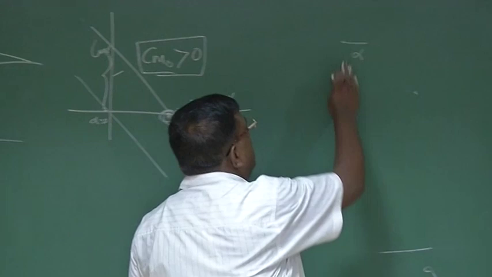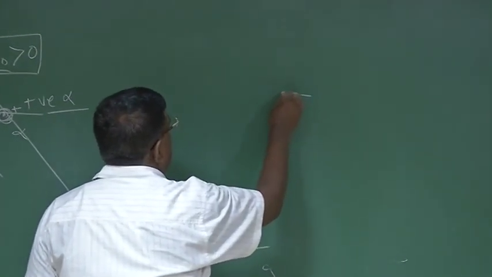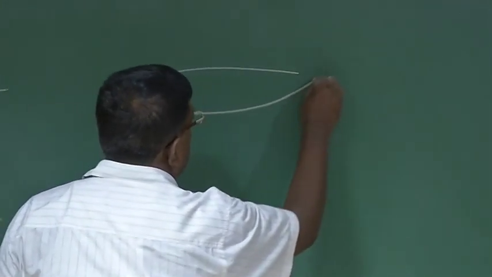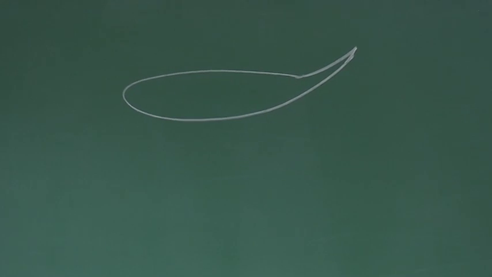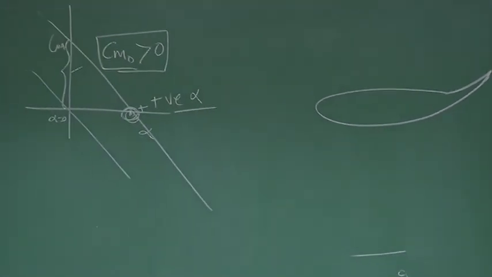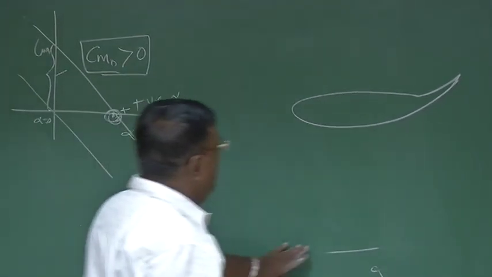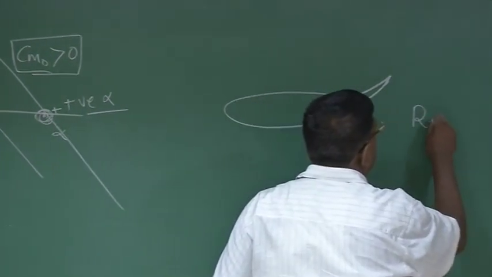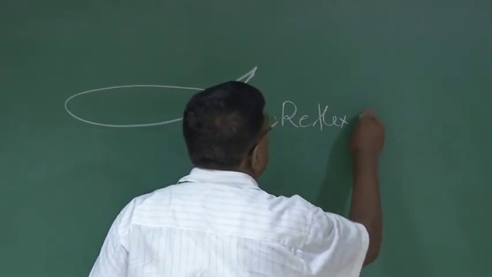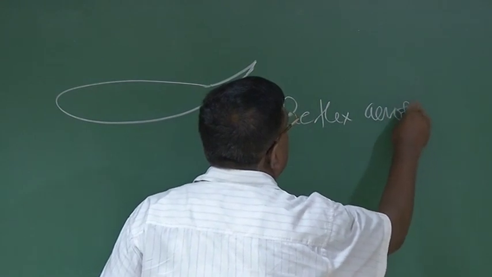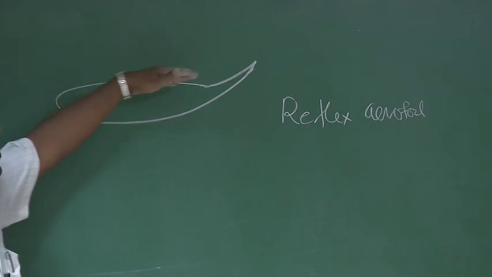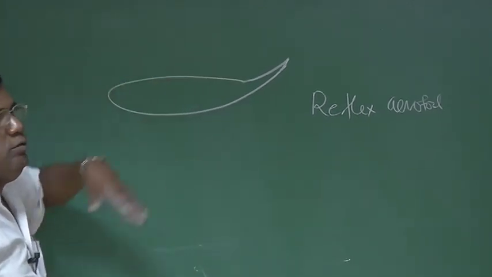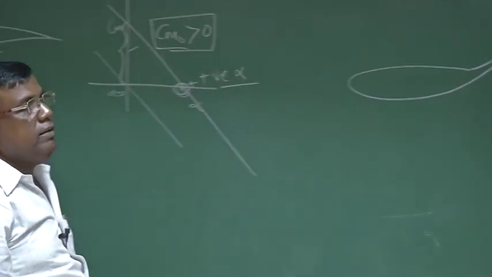Now I check another configuration, which is like this. It is loosely opposite of camber, but this is called reflex aerofoil. If you take the cross section of the wing, the contour of this will be like this, which is basically reflex aerofoil shape.